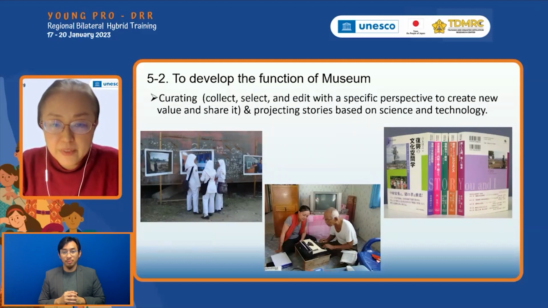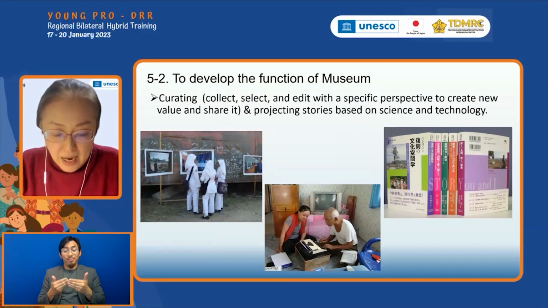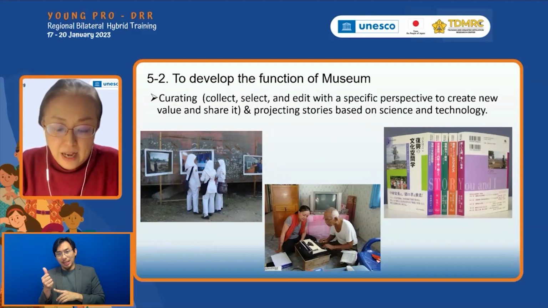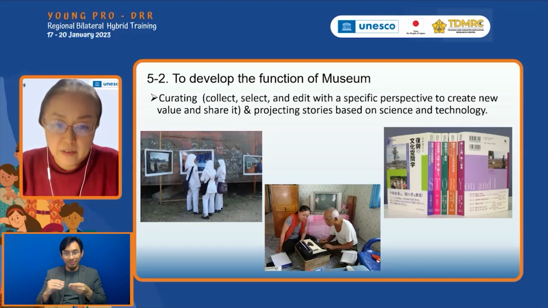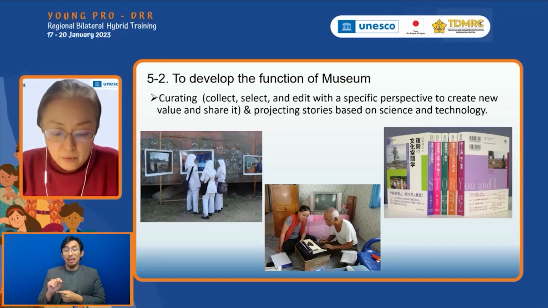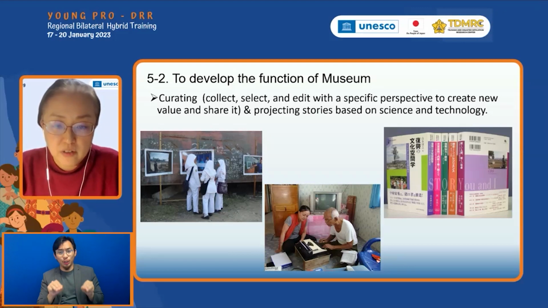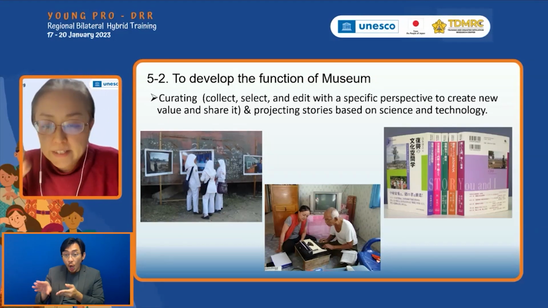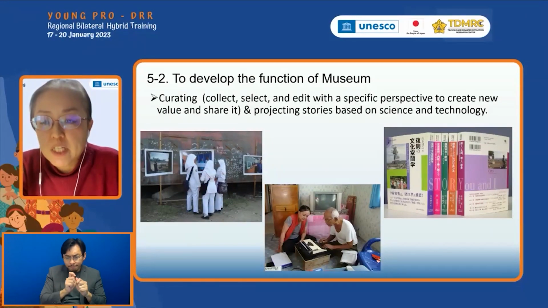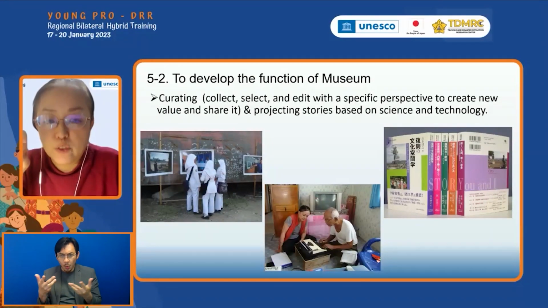To develop the function of the museum, I add another element, that is curating the narrative. Curating the narrative will continue to be necessary for the museum to develop its function in the future. Curating means to collect, select, and edit with a specific perspective to create new value and share it.